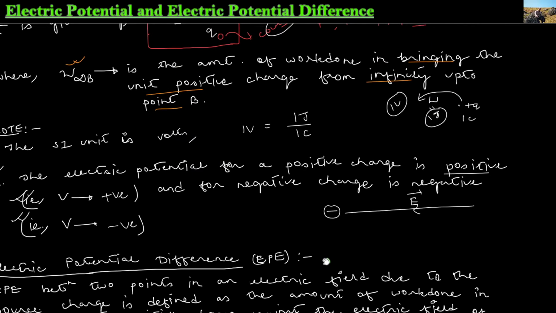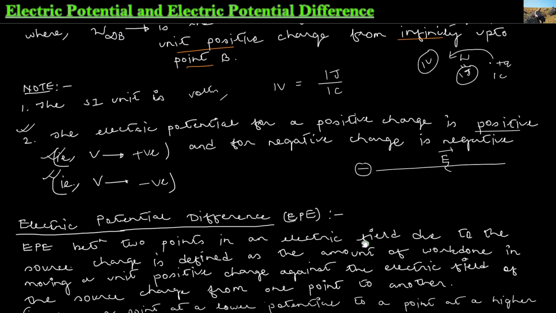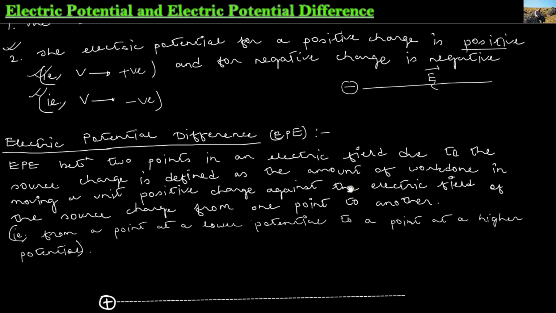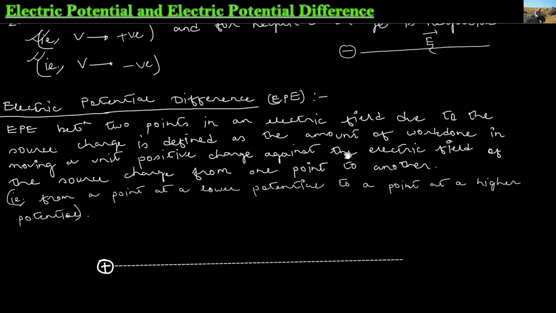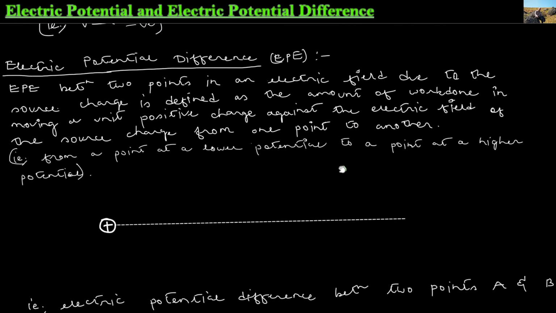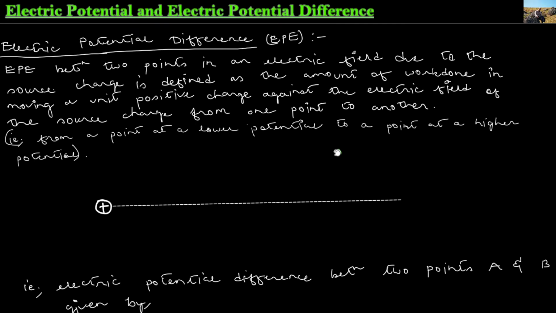Now we will move on to electric potential difference, or electrostatic potential difference. It is the difference between 2 points within an electric field. Over here also, it is just a repetition of what we have done.